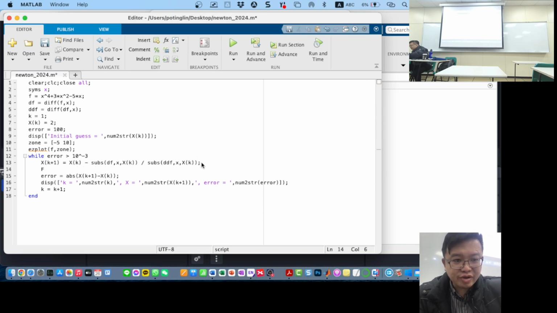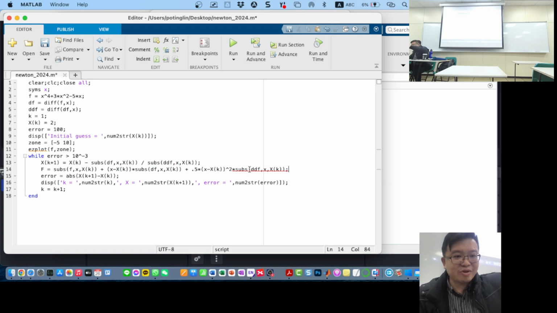So capital F equals to substitute into F, I'm writing down the Taylor expansion: plus x minus the current x times F prime, plus 0.5 times the square of this times F double prime.